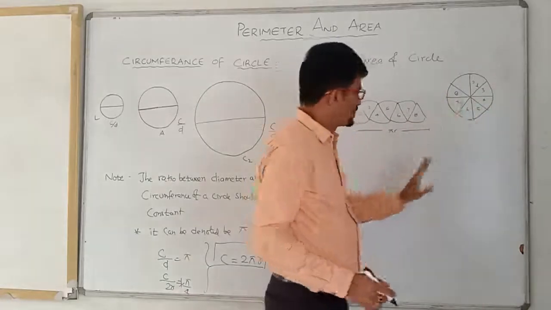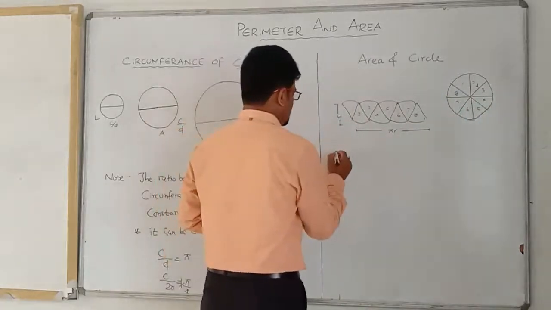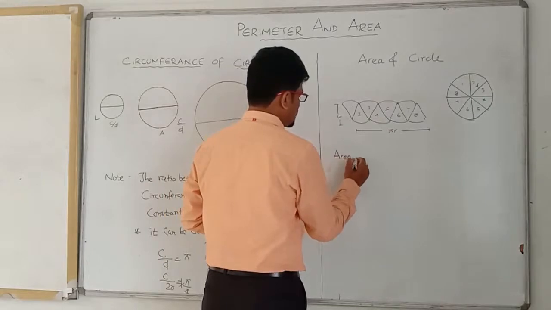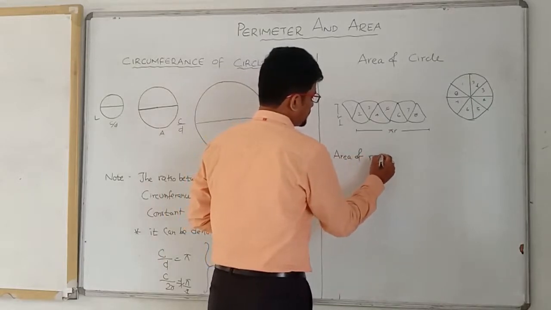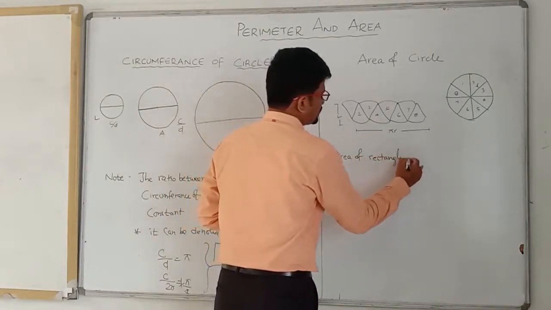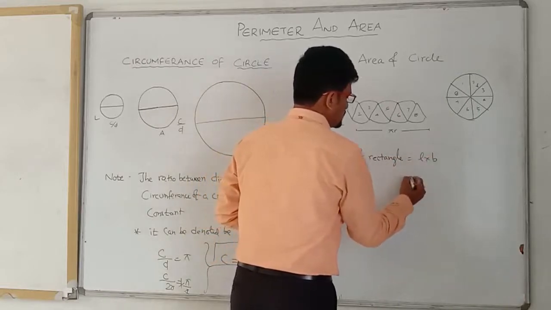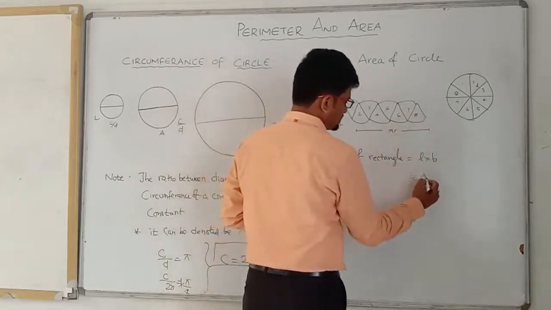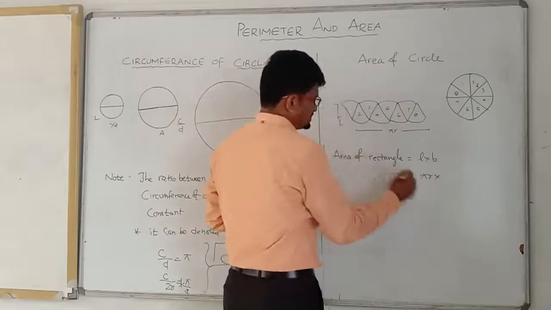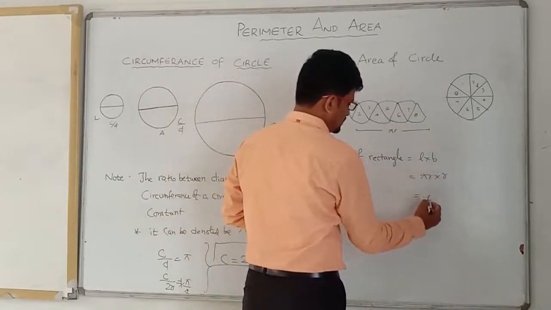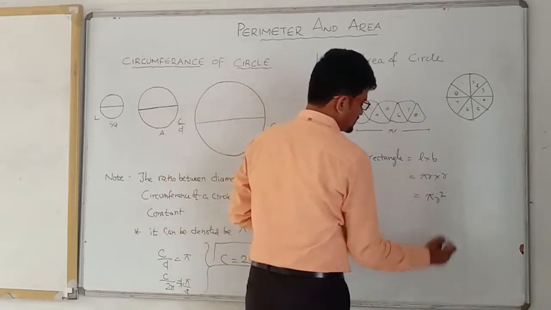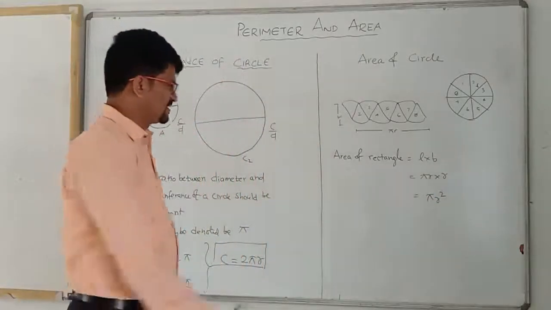Now, for example, the area of a rectangle formula, as we know, is L into B. Here length is pi r, breadth is r, that implies pi into r into r, pi r square.